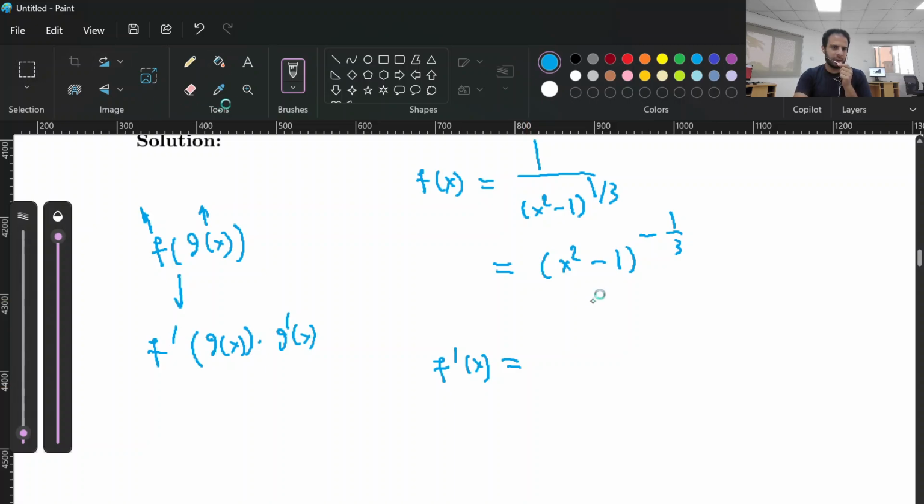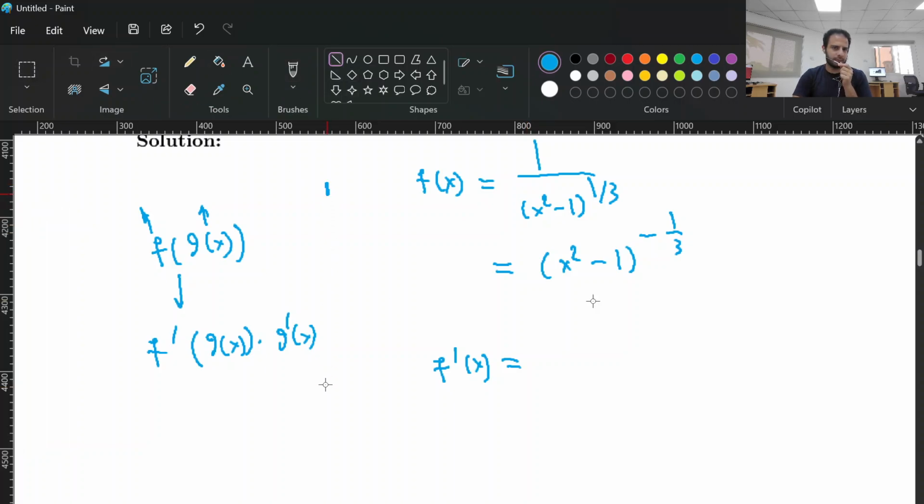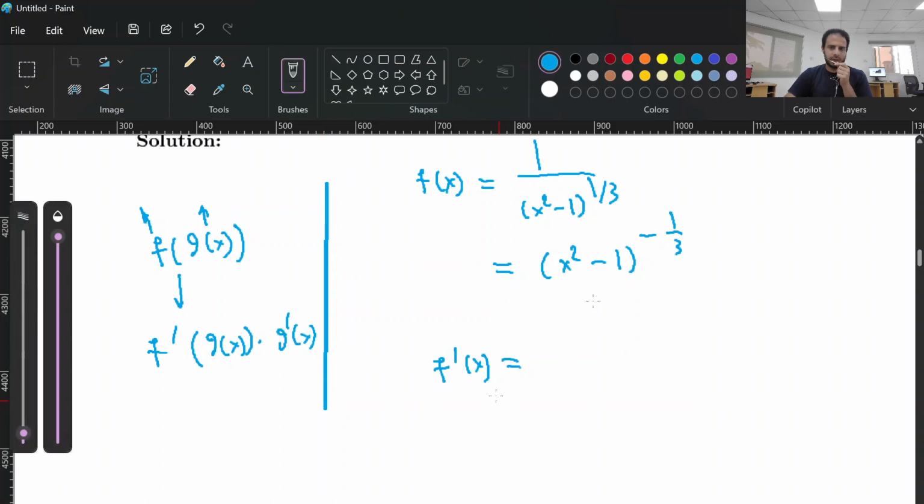So let's solve now. We have f prime of x equals, you also will use the formula for x to the n. How to differentiate x to the n? n x to the n minus 1. So you put minus 1 over 3 as it is, times x squared minus 1 as it is, to the power minus 1 over 3 minus 1.